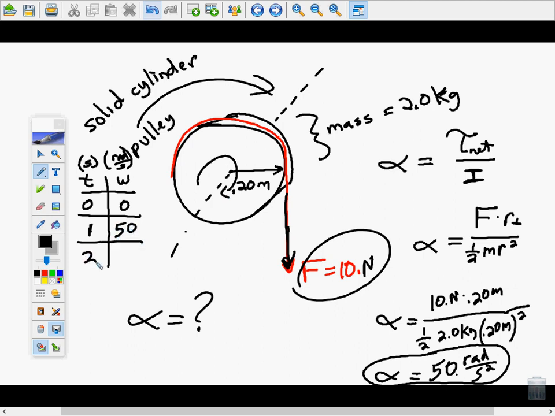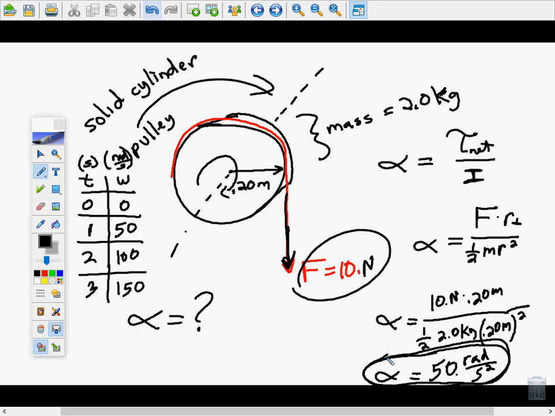And then after 2 seconds, how fast would it be spinning? 100 radians per second. And after 3 seconds? 150. It keeps going up by 50. That's what this angular acceleration tells us, the rate at which it's speeding up. It's speeding up by 50 radians per second each second. So that was like our warm-up problem, yes?